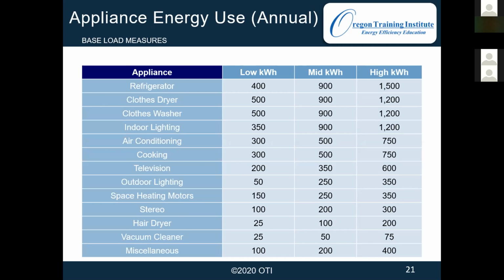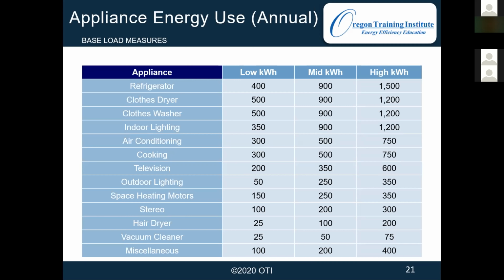This chart's just giving us some ballpark range of what kind of energy usage is associated with different appliances. This is just on average. A lot of these appliances have Energy Star versions that use far less energy, and more so every day as we tighten up energy usage requirements.